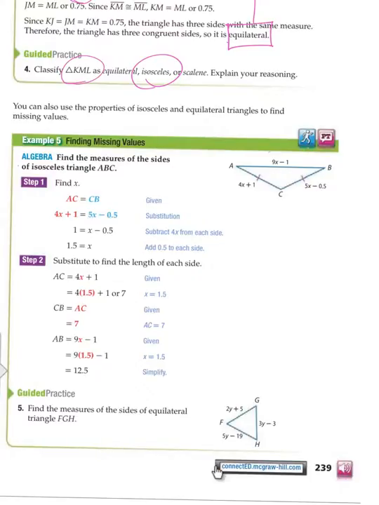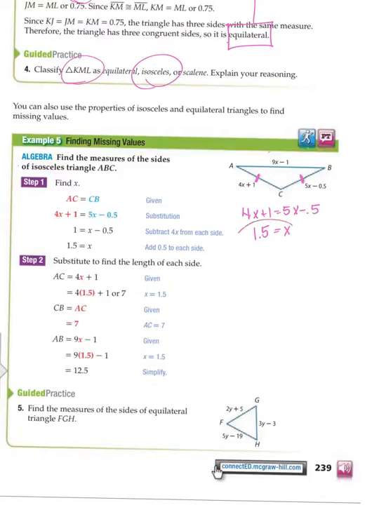Now notice it's the markings that empower me to make the equation that I need. I've got these two marked equal. So those are the two I'm going to set equal to each other. And then as I solve this, I'm going to get that x is 1.5.